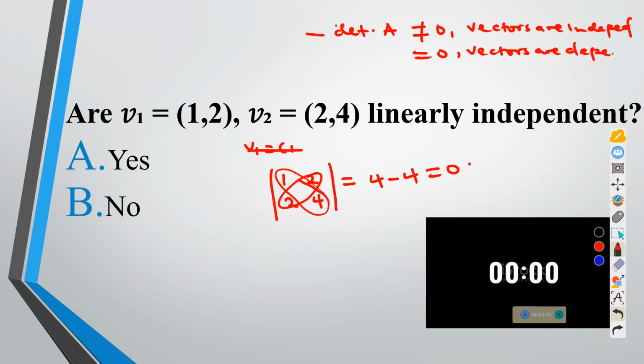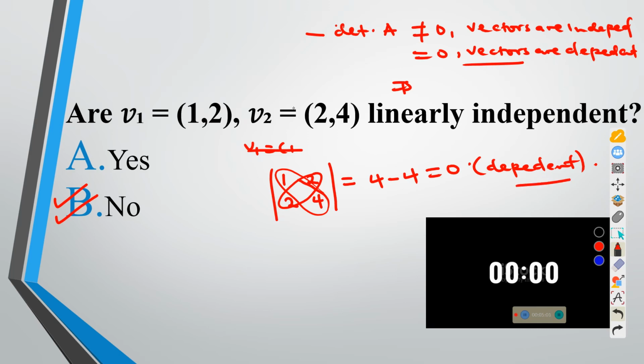For that case, this will imply that our vectors are actually dependent. They are not linearly independent. So the answer here is no, because the determinant is equal to 0, meaning they are dependent.